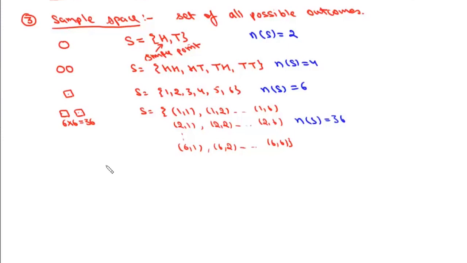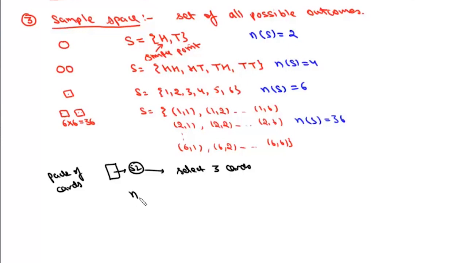Say for example, suppose we have a well shuffled pack of cards. There are 52 cards in it, and we have to select 3 cards. Writing all the possible combinations of 3 cards will be very lengthy, cumbersome and unnecessary.